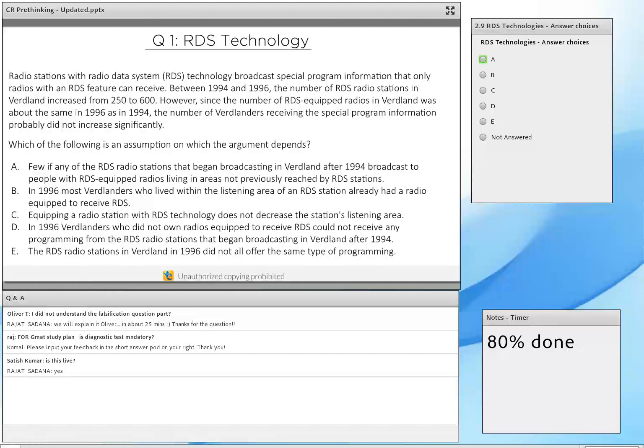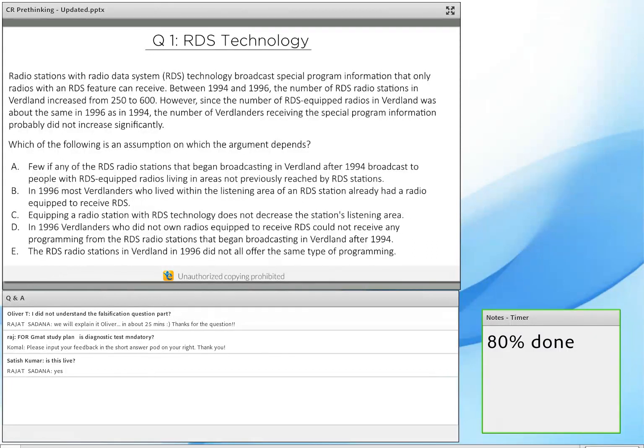Let's get those responses in now in the next 10 seconds. 5, 4, 3, 2, and 1. Let me end the poll. I'm going to broadcast the results, and you can really see choice A was popular, B is popular, D is popular. So we're going to discuss these choices.